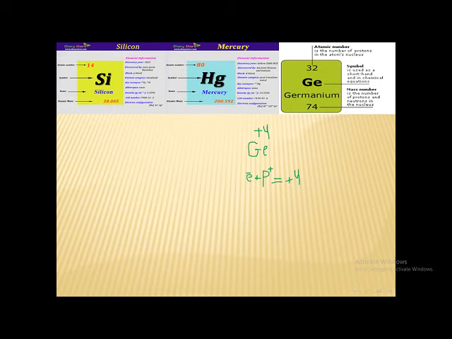The lowest number of these two numbers is the number of protons, the atomic number. The large number represents the mass number, so the lowest number here is the number of protons. We take it with the mouse. Here we have electrons plus protons is 4.